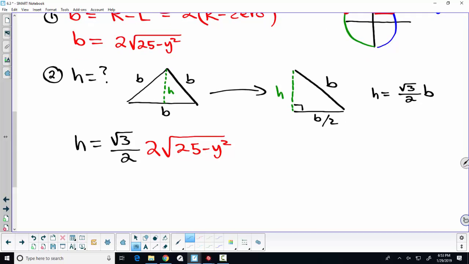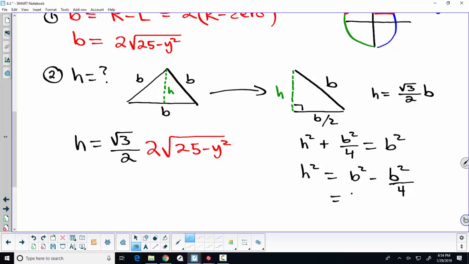So this is... I'll erase this, but this is h squared plus b squared over 4 equals b squared from the Pythagorean. And then we're solving for h, so we've got h squared equals b squared minus b squared over 4. And so we have 3b squared over 4. That's h squared. So when we take the square root, we have the square root of 3. The square root of b squared is b, and the square root of 4 is 2.